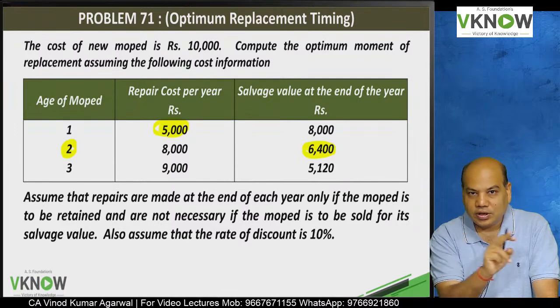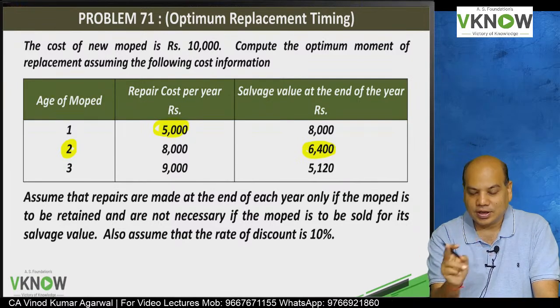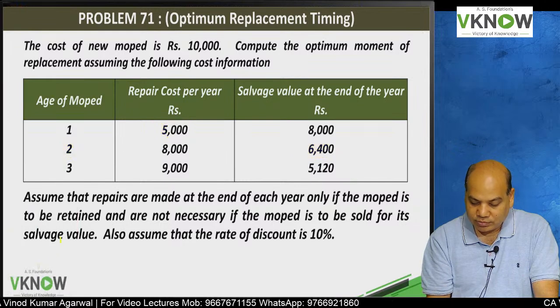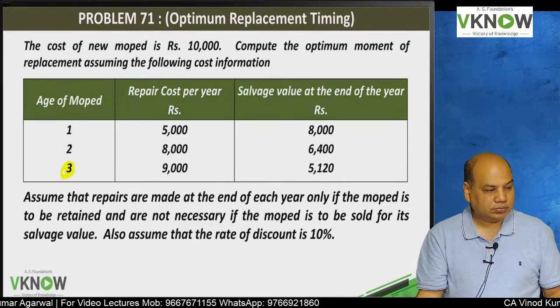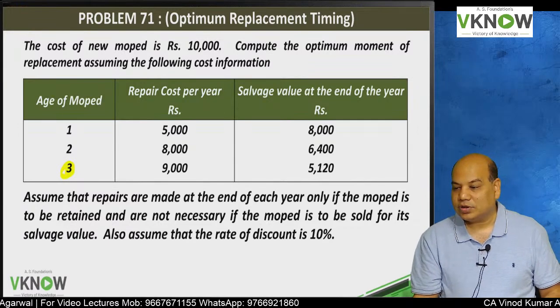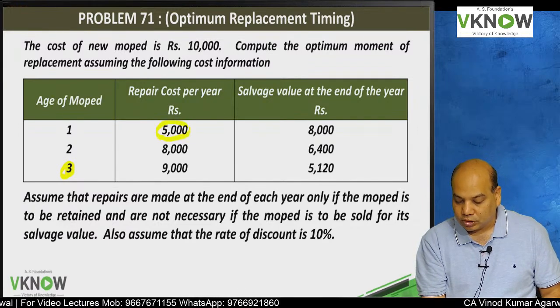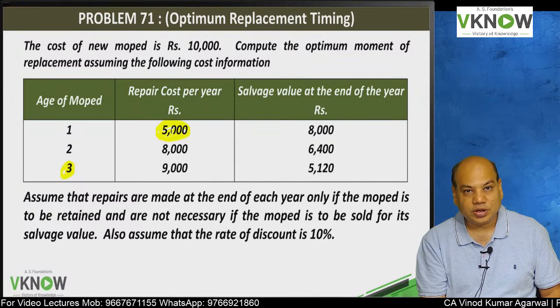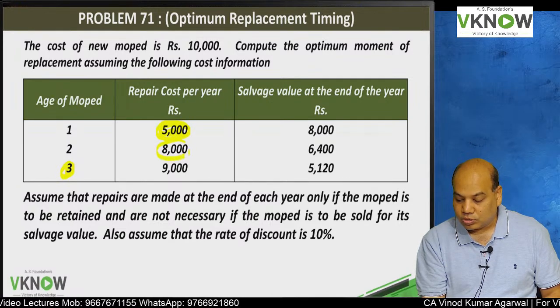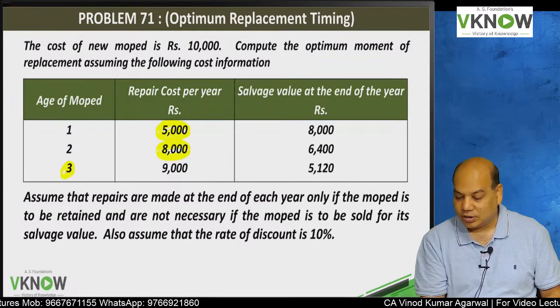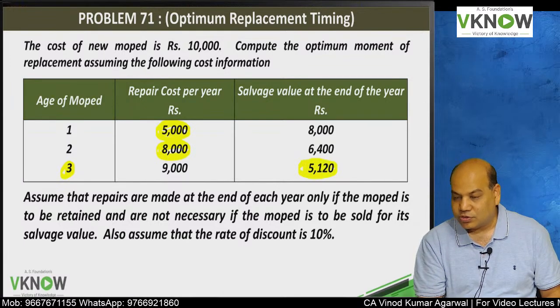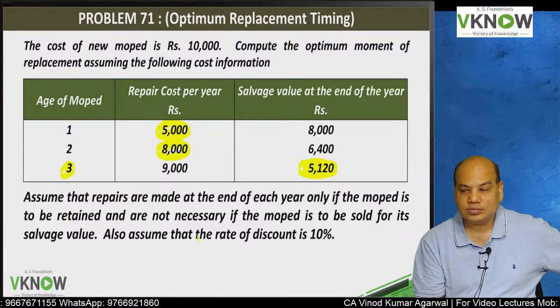You will not incur repair cost of the second year. And one more time, suppose you want to replace it after 3 years. Then you will first incur repair cost of year 1. You will also incur repair cost of year 2 because I want to use the asset for the third year, and you will get salvage value of the third year.